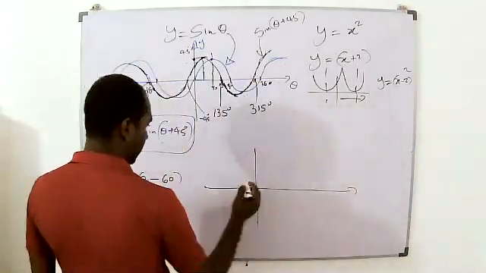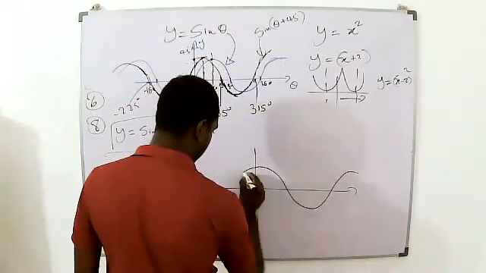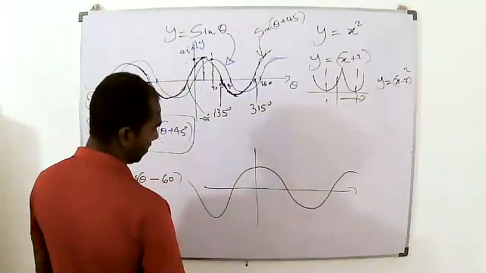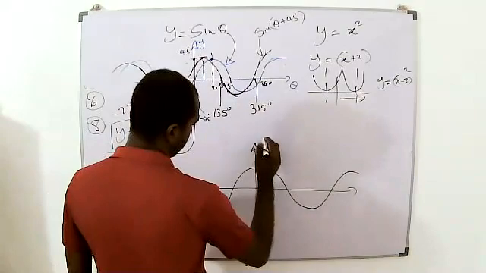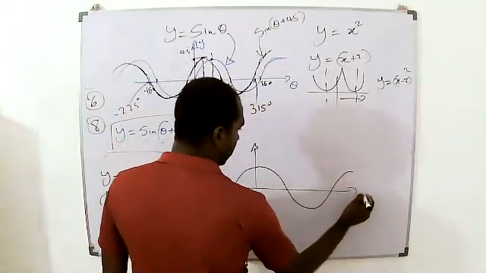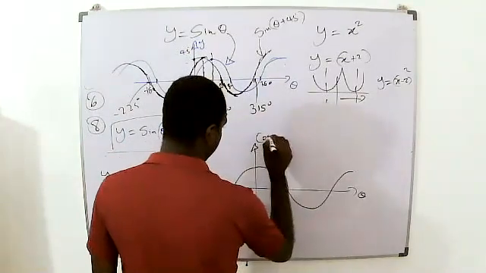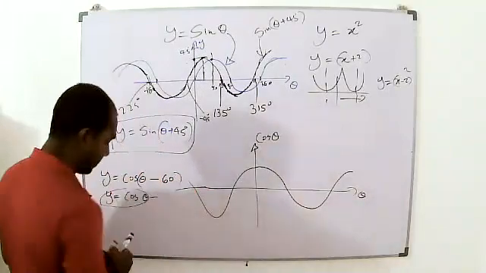Okay. Cos theta curve is going to look like this. So this is theta, and this is cos theta. So minus 60.